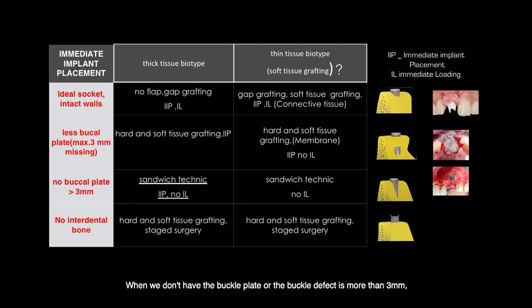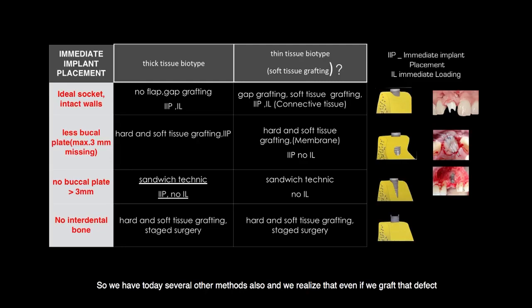When we don't have the buccal plate, or the buccal defect is more than 3 millimeters, Hom-Lay Wang described a technique which is called the sandwich technique, covering the surface of the implant with allogenic or autogenic bone, a membrane, and a flap, or synthetic bone grafting, a membrane and a flap.